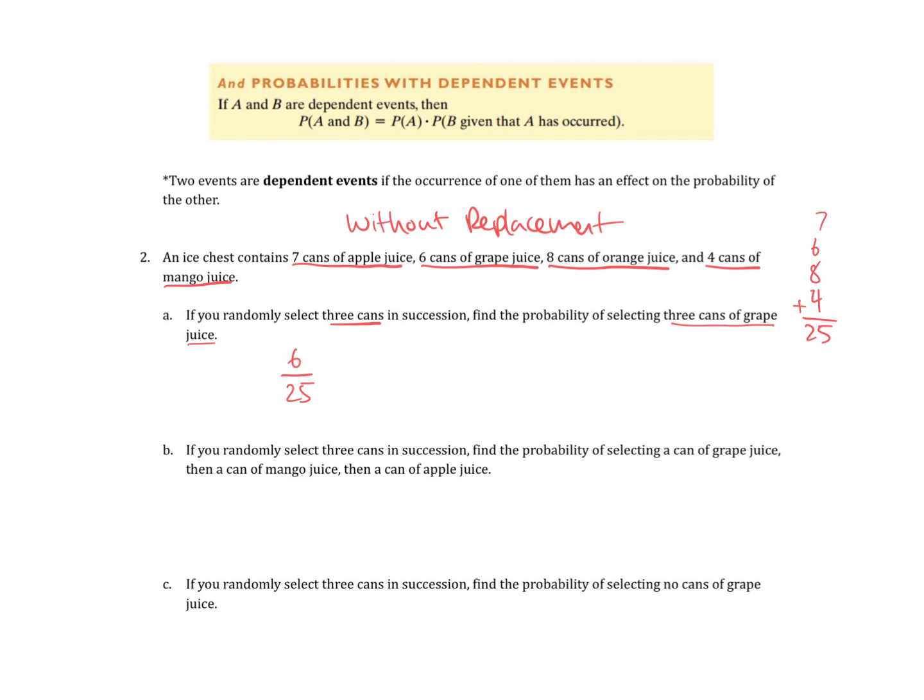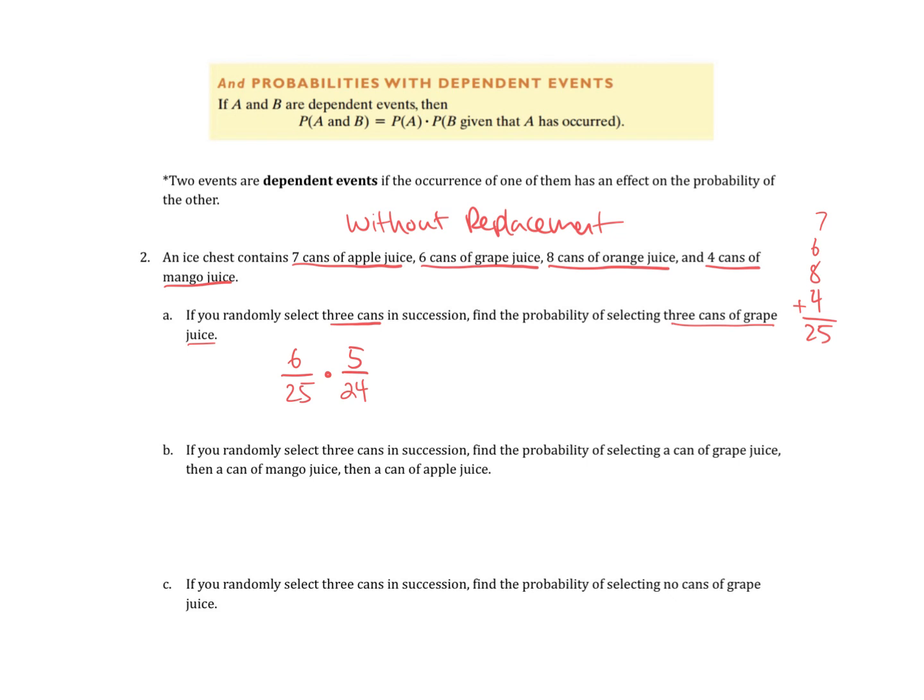Now the second time I reach in, we assume that I did get grape juice the first time I drew a can out. So one of the cans of grape juice has been removed from the ice chest. Somebody's off on the side of the room drinking it already. So now I'm down to only 5 grape juices left. And also my total number of cans went down by 1. So now there are only 24 total left when I reach in to draw a can the second time.